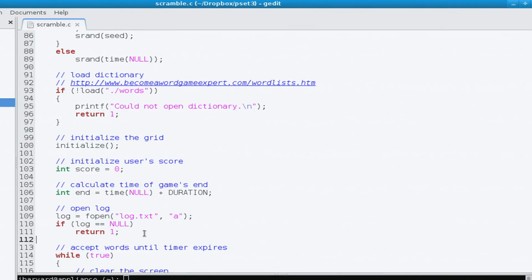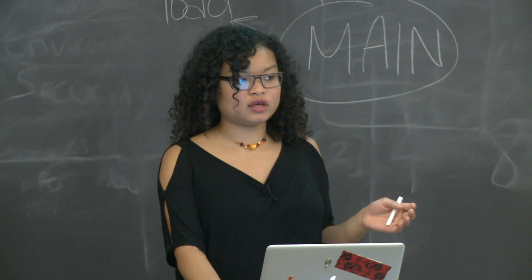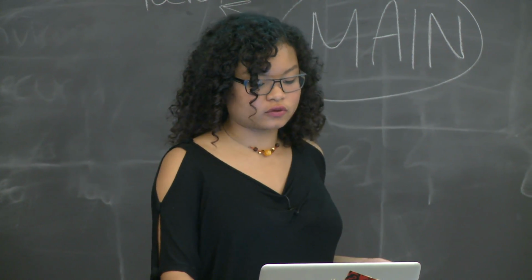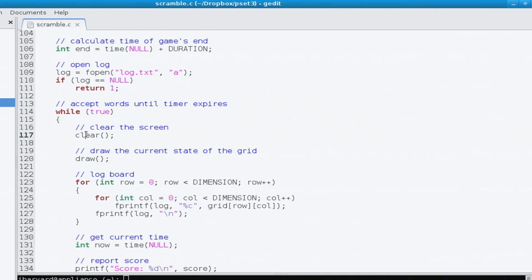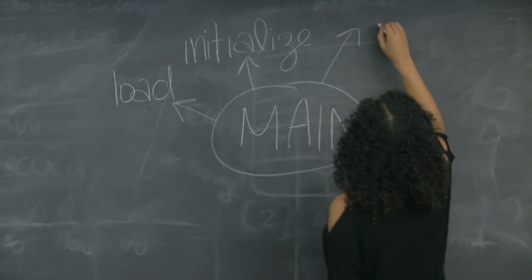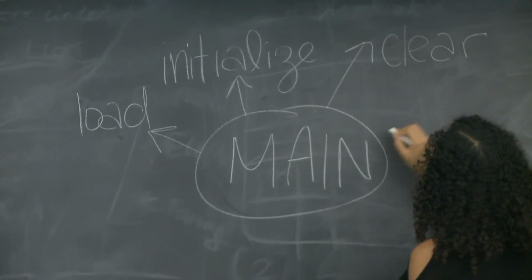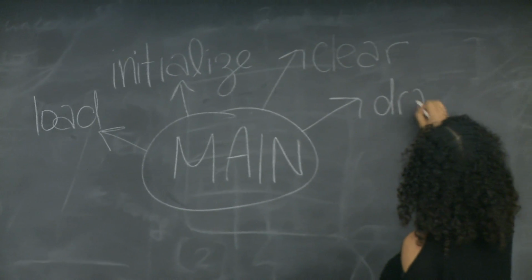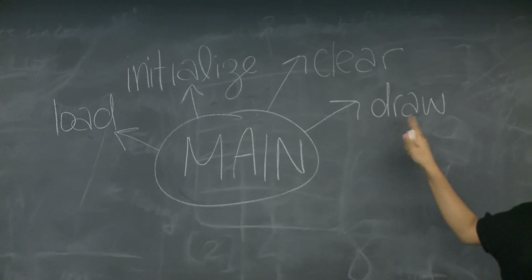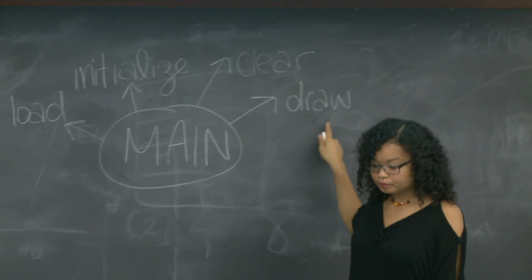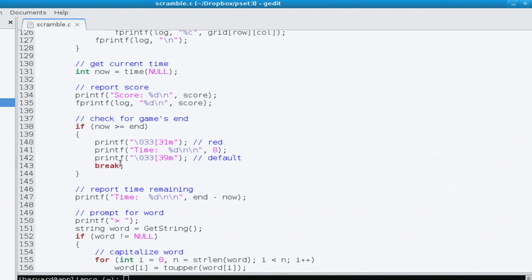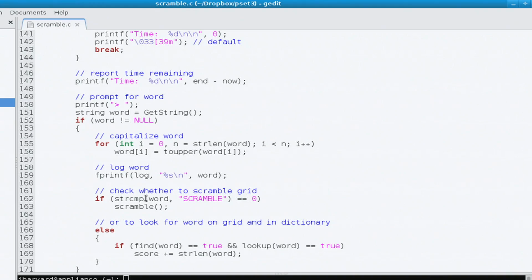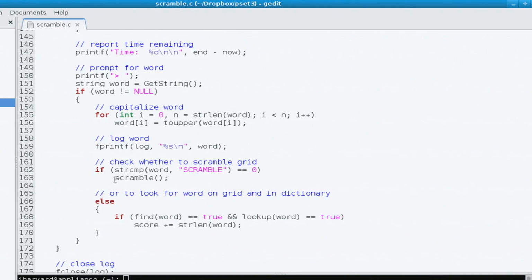There are tons of different functions that main is calling, but right now I'm just focusing on the most major ones relevant to the code, so I'm not including A to I or stuff like that. I know that draw is something that we're going to do. So that's the draw function. Later on, the next one is scramble.